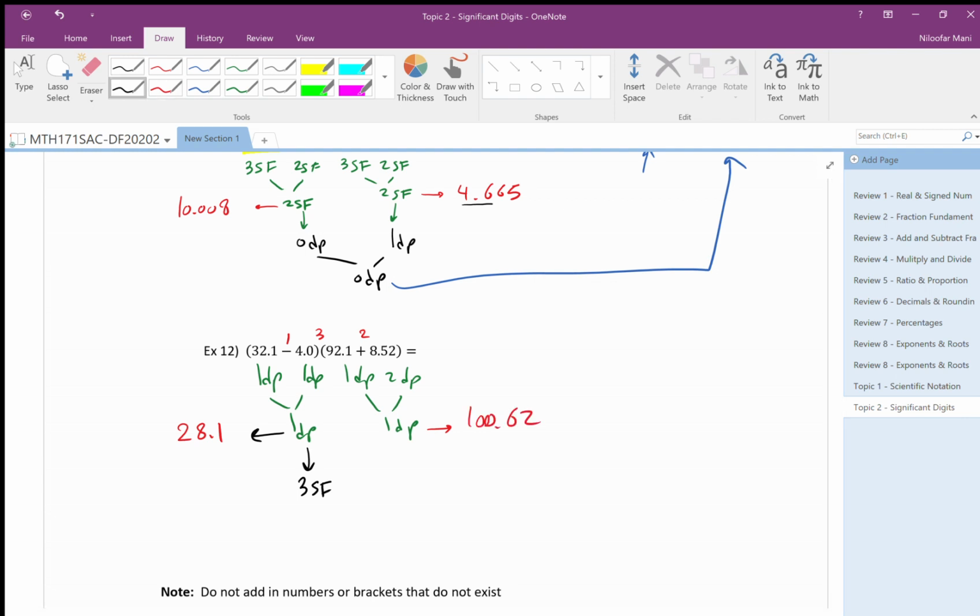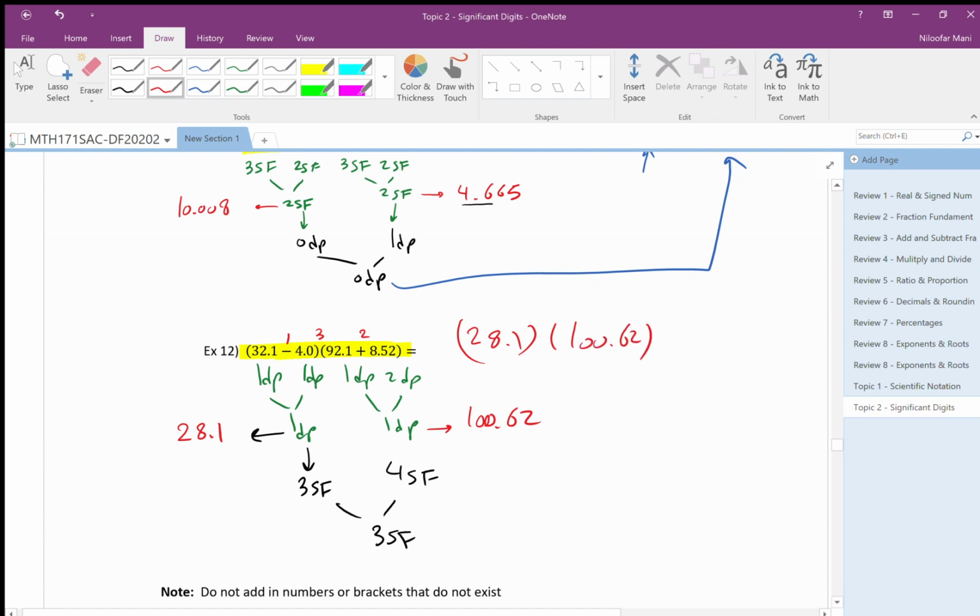If I have one decimal place, then I have four significant figure, and then I round to three significant figure. But now that I find all of these, I just enter all numbers all at once in the calculator. And my calculator does 28.1 times 100.62.